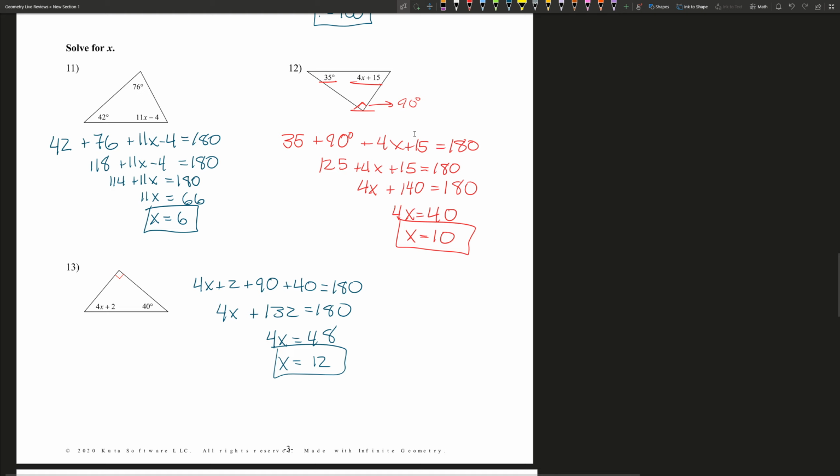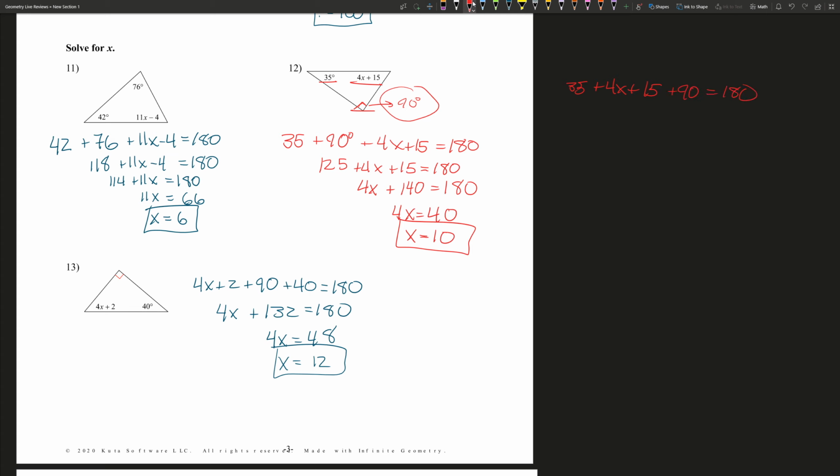So the reason you're getting those right is because I'm guessing that you factored in that this is equal to 90. So then I'm going to do this off the page. So then you'd have 35 plus 4x plus 15 plus 90 would equal 180.